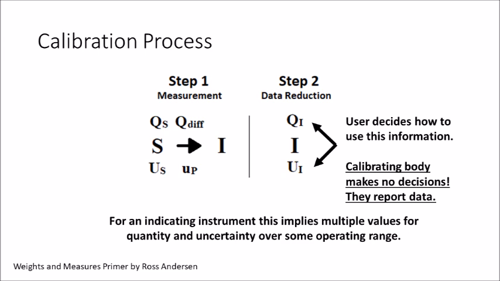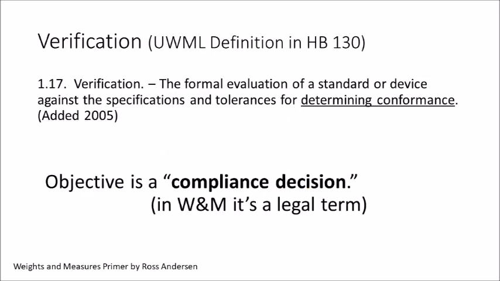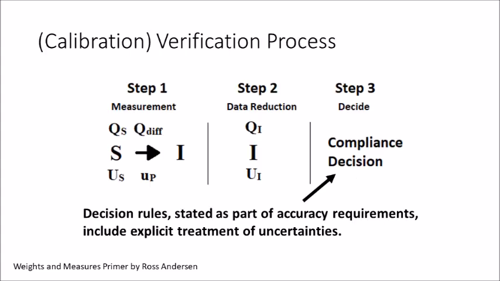They simply report data. Now, if we go back then to our definition of verification, well, this requires someone to make a determination of conformance. And I'm going to use the term compliance for conformance because it's a legal term under legal metrology. We could add a third step to our calibration to make it a calibration verification, so we now make a compliance decision.